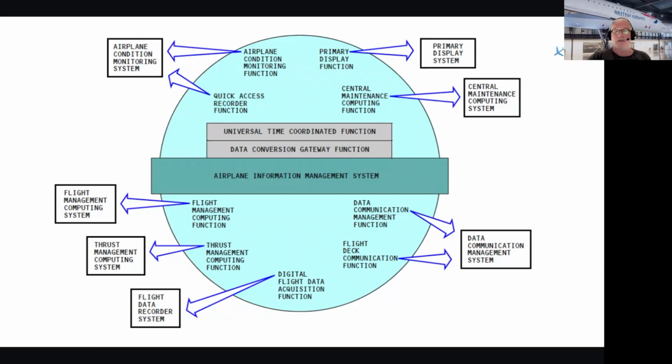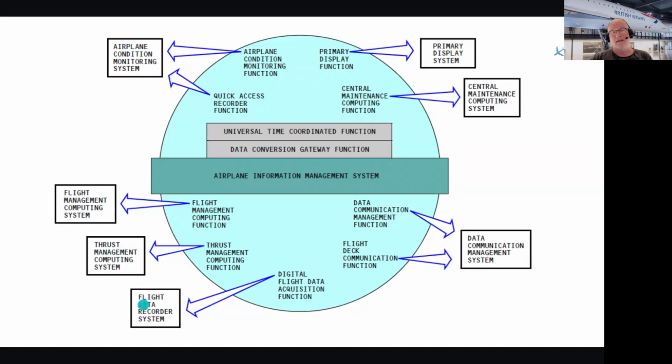Okay, so this is a picture from the Boeing notes depicting the Arinc 629 and its capabilities. If you think about it like apps on a phone. You've got your phone, and all these squares are different apps. So this is the ACMS, Airplane Condition Monitoring System, is one app. The Flight Management Computing System is one app. The Thrust Management Computing System is another app.